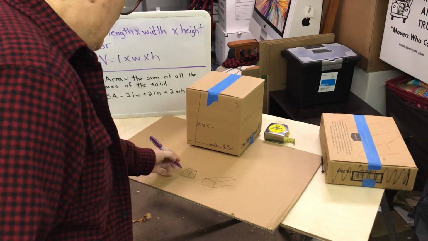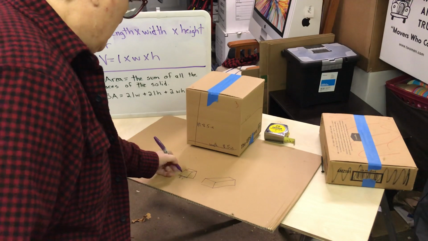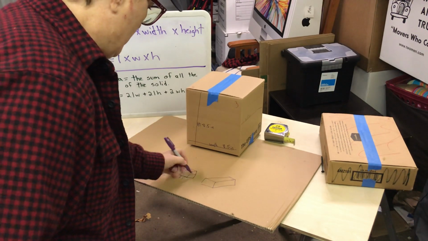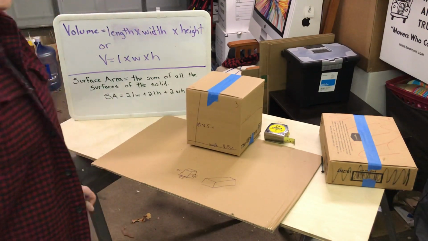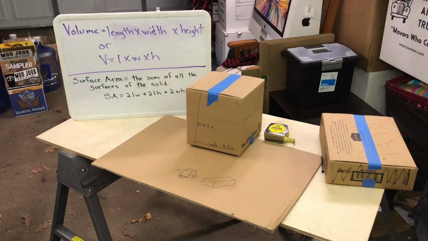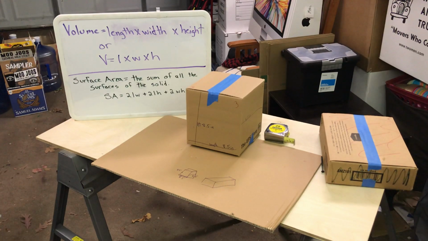So we would have our length of 8.5, we would have our height of 8.5, and we would have our width of 8.5. And when we're trying to figure out volume, to figure out how much we can hold inside the square, our volume is our length times our width times our height.